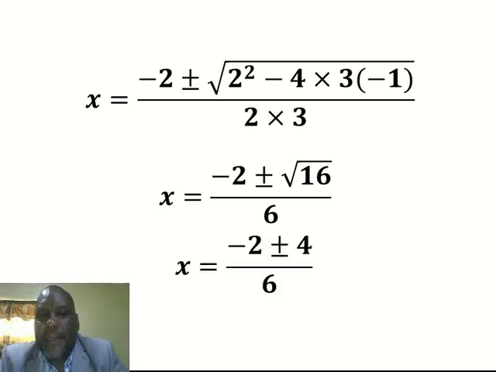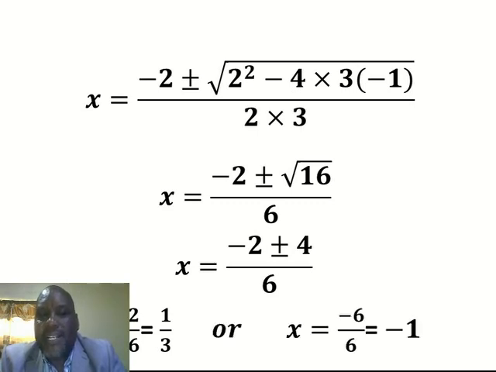The root of 16 is 4, so x equals negative 2 plus or minus 4 over 6. Solving for x gives us a third or negative 1. So x has two roots: one is a third and the other is negative 1.